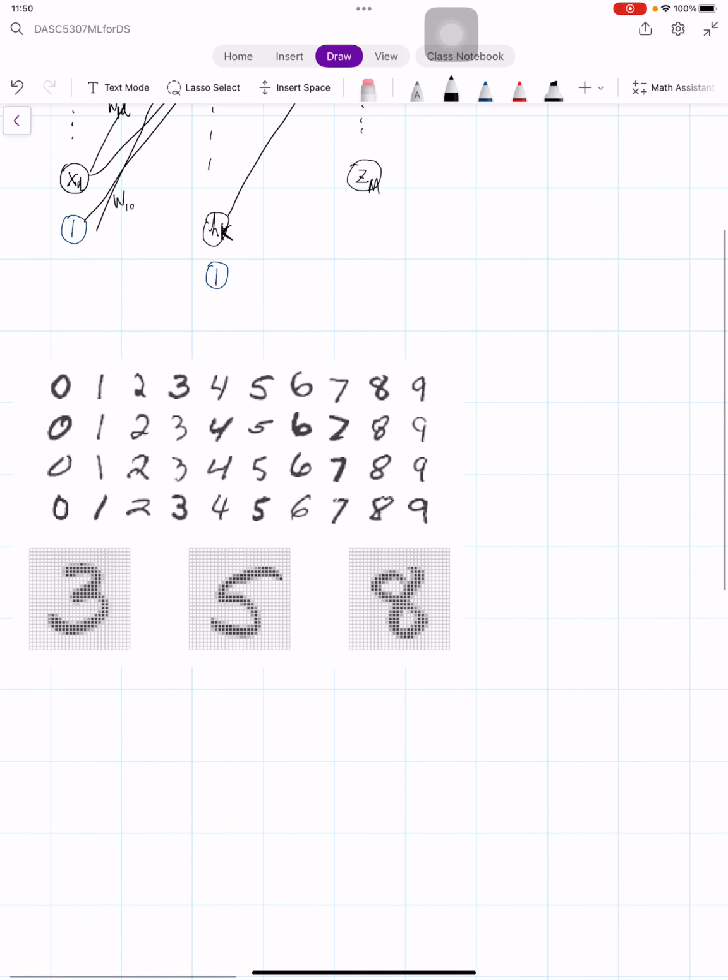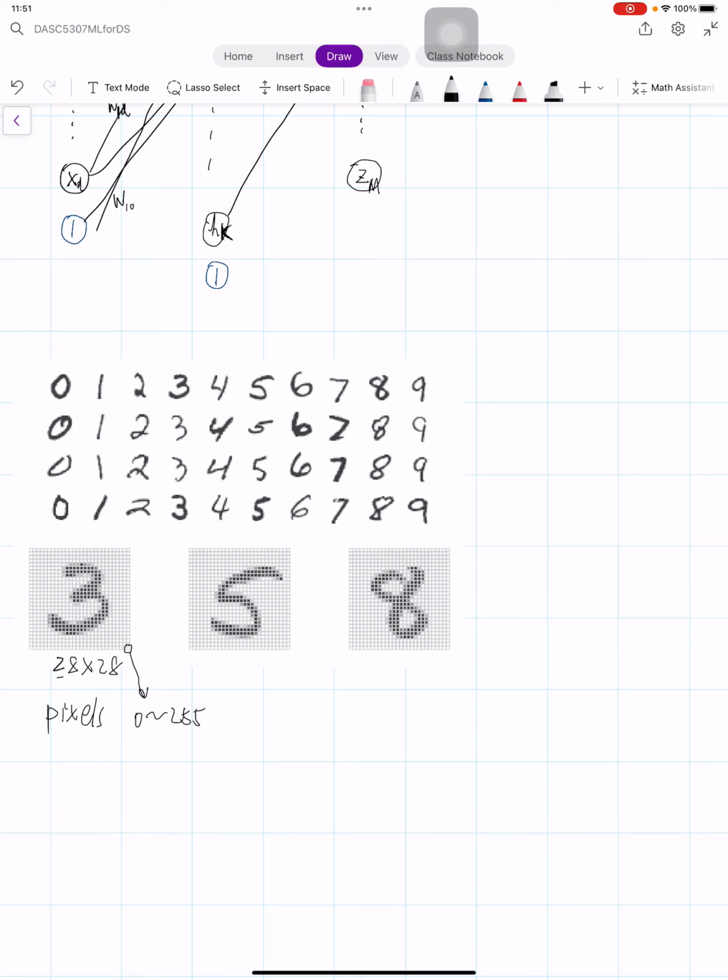Each handwritten picture can be decomposed into 28 by 28 pixels, and each pixel has a value from 0 to 255.